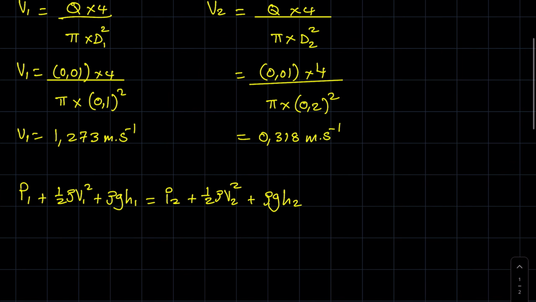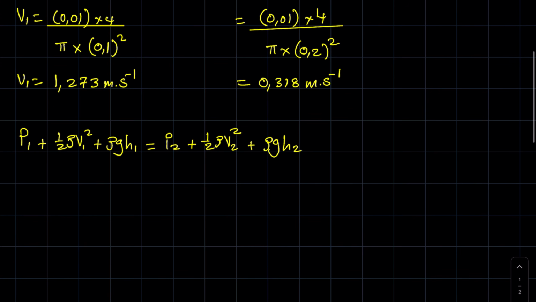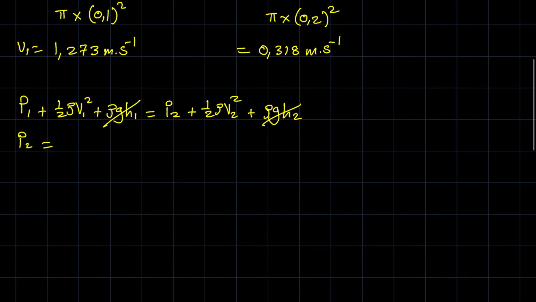Now for a horizontal pipe, as we established, the h is equal, meaning that the rho g h is going to cancel each other out. Meaning, manipulating the formula, P2 will be equal to P1 plus half rho V1 squared minus half rho V2 squared. And then we simply just substitute.